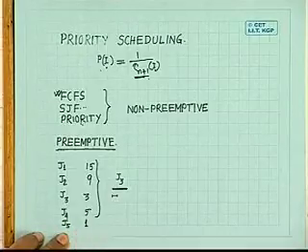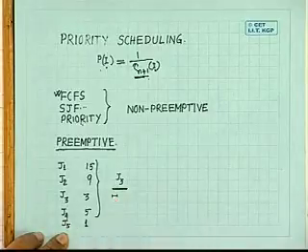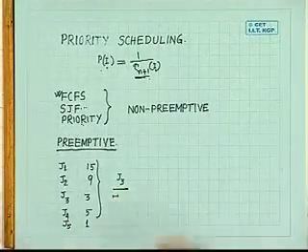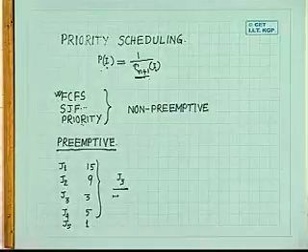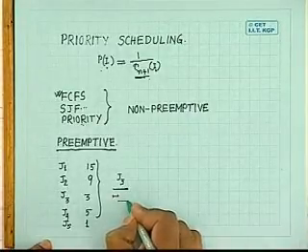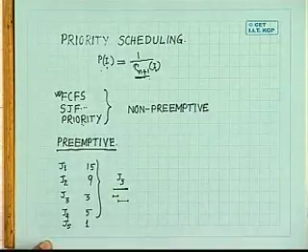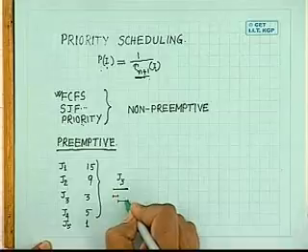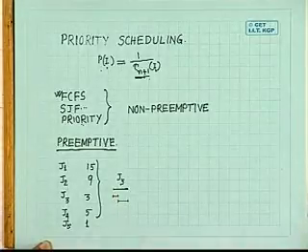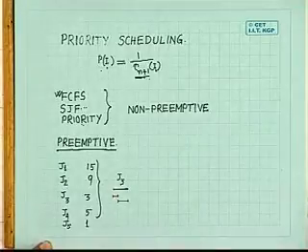So what I have to do is terminate this job J3 here and start execution of job J5, which will be executed for 1 time unit, because its requirement is 1 time unit. And the remaining time of job J3 is 2 time units.